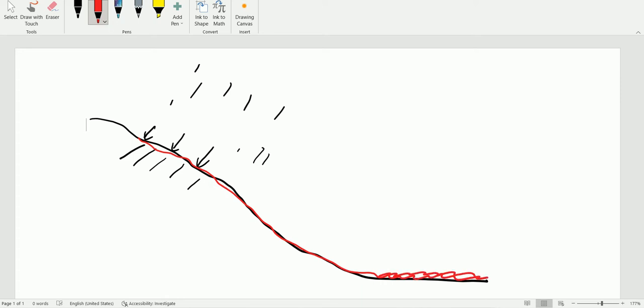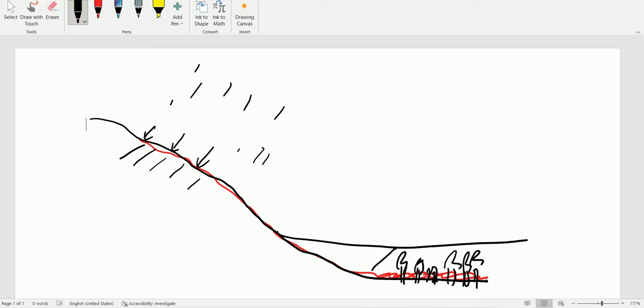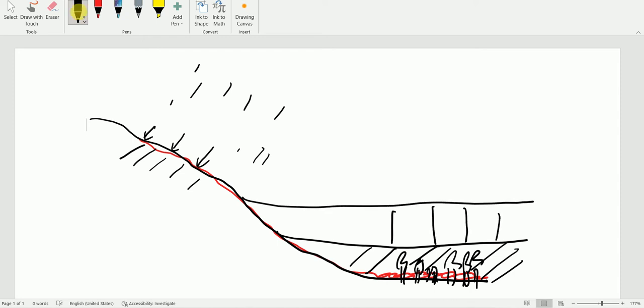And one more thing you have to know is that, say for example, here let us say some plants and grasses, a dense forest is here, and the sediments brought down from the higher slopes of the landform may cover this whole forest area, and another formation may be covered over it.